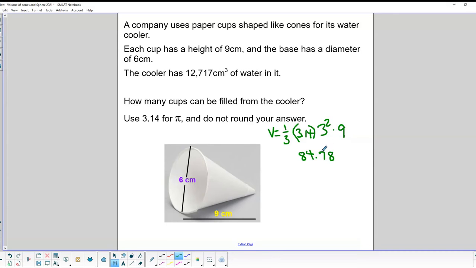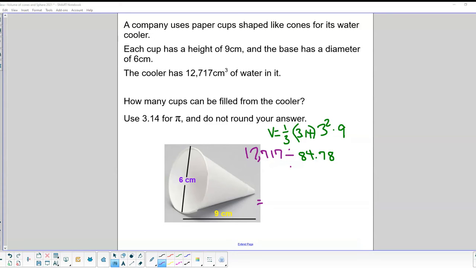So now we're going to divide the big number by that number. So we're going to do 12,717 divided by that number, and then we should get how many cups we can fill with our cooler.